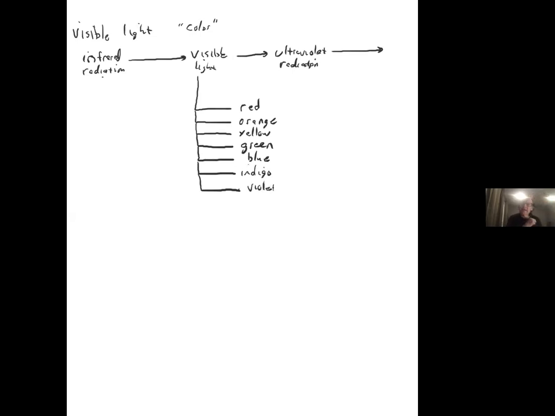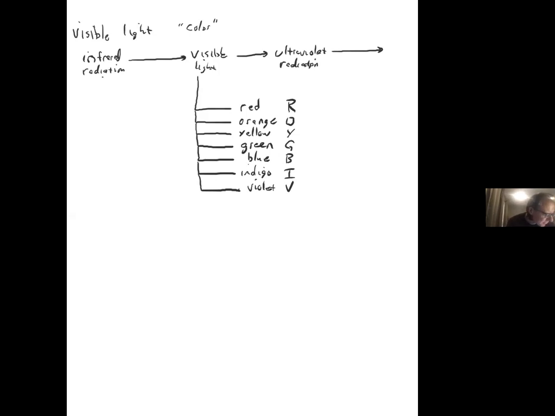The indigo and violet, sometimes we perceive them as purple, sort of a purplish color. This order can be memorized. The famous way to do it is the name of someone, Roy G. Biv. So that's sort of an acronym for remembering the order of these colors.